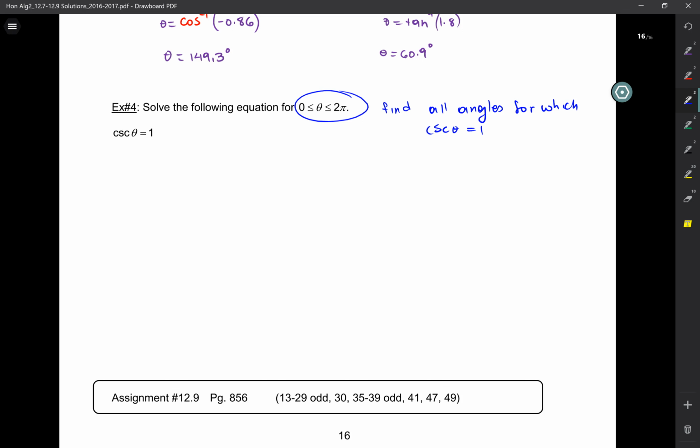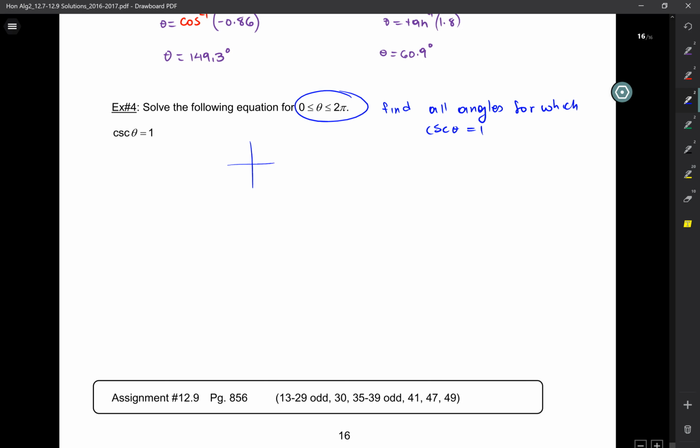What's cosecant? The reciprocal of sine. So what's an angle where sine or cosecant is 1? Is sine and cosecant the y value or the x value? Y value.